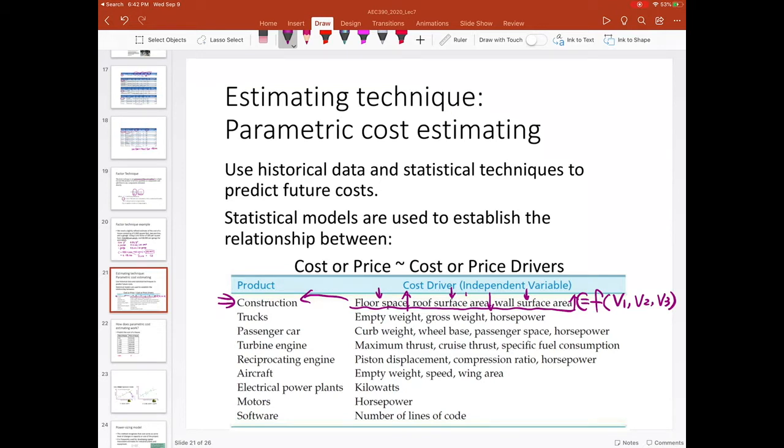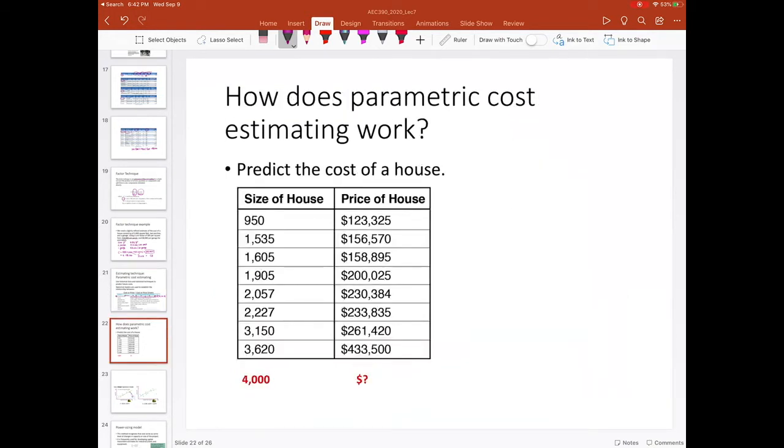You need to find out what the cost drivers are. You need to find out those values, and then you need to find out the function, the formula you're going to use. Okay. For example, if you want to estimate the price of a house in an area, usually the price of a house is determined by the size of the house, the location of the house, right?